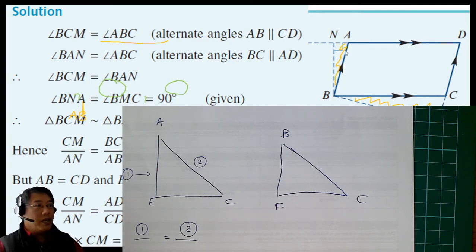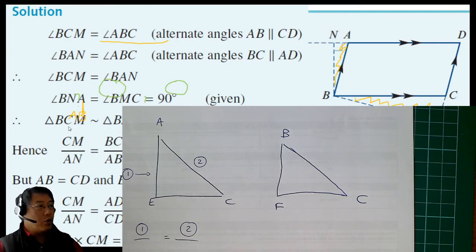BAN is that angle, and it can also be alternate with that angle there, meaning that it's equal to that angle ABC. So you have all those angle equalities, and also the 90 degrees.